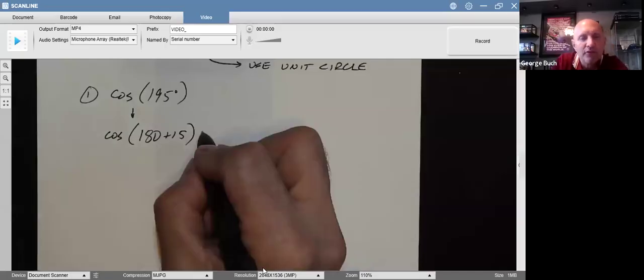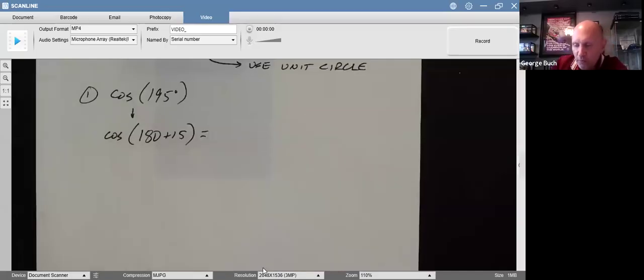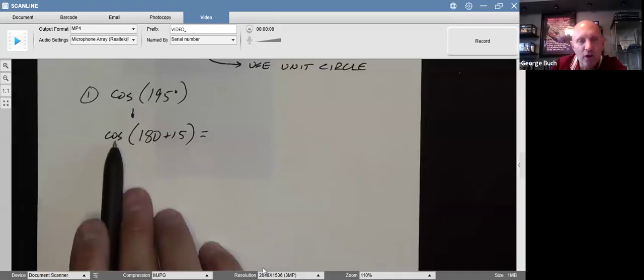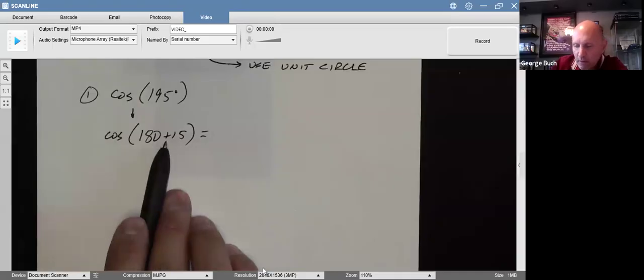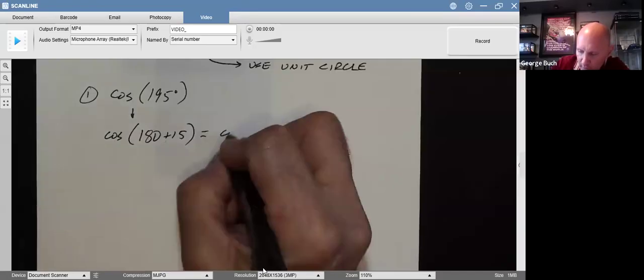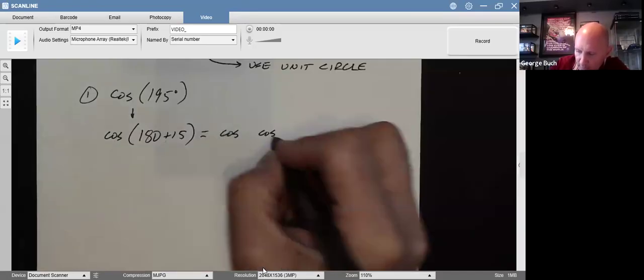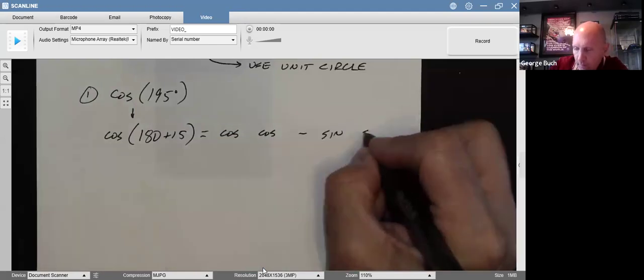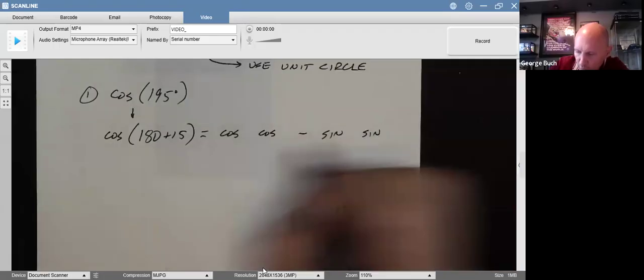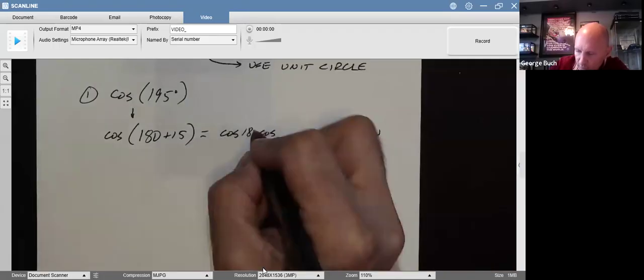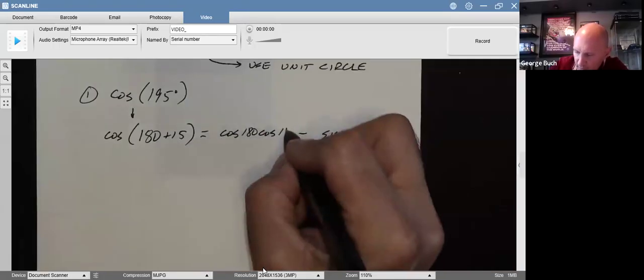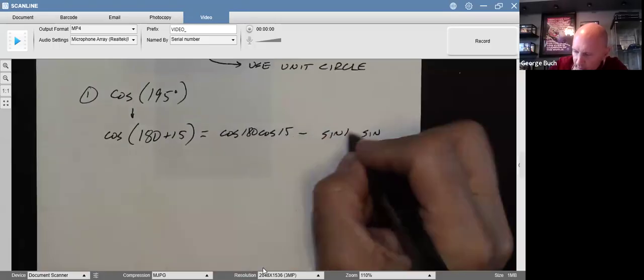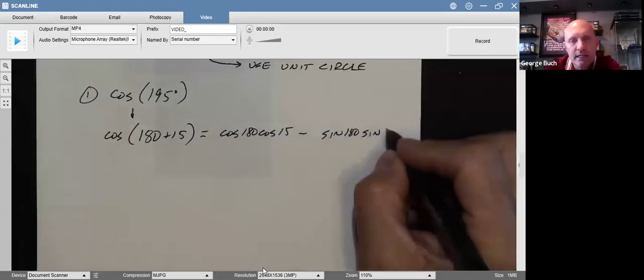So by my sum and difference formula, this is a cosine sum formula. So if I look at my formula, it's cosine cosine minus sine sine. So it's cosine of 180, cosine of 15 minus sine of 180, sine of 15.